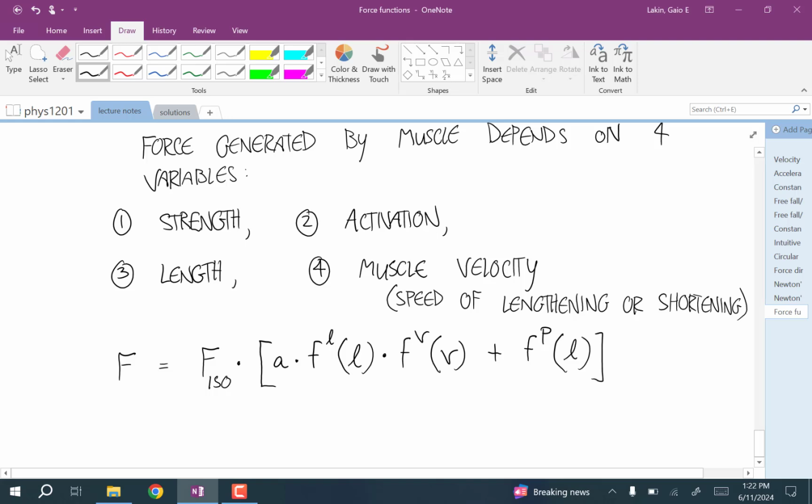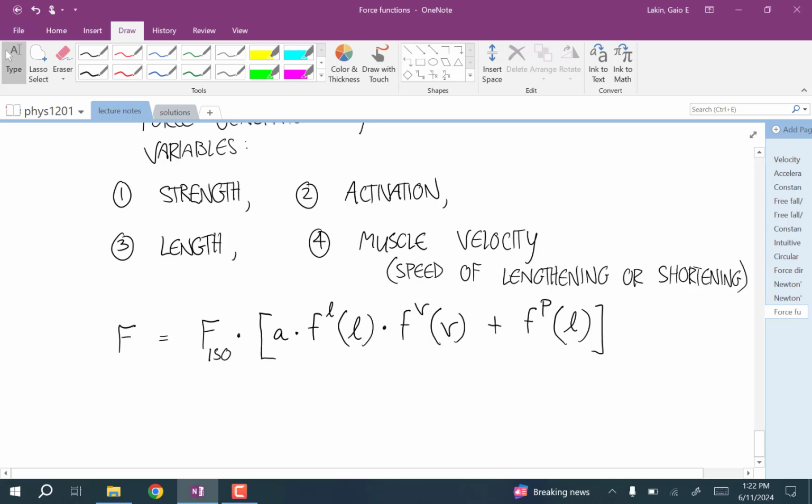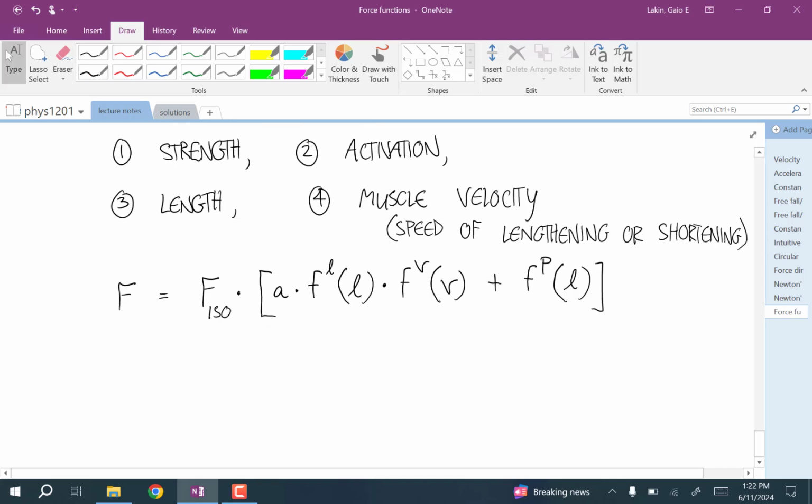Okay, so let's go through all of these functions that are in this big function. So the first one is this FL, which is a function of L. And all of these that I'm giving you are really just kind of rough estimates. They're really just designed so you can see the relationships between these things, and they can tell you some useful things about how a muscle behaves in different conditions, but numerically they're not very accurate.